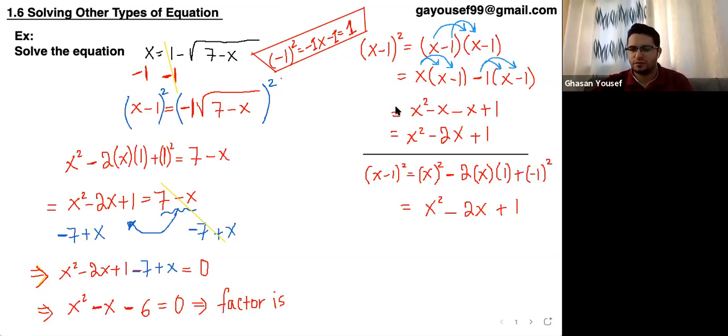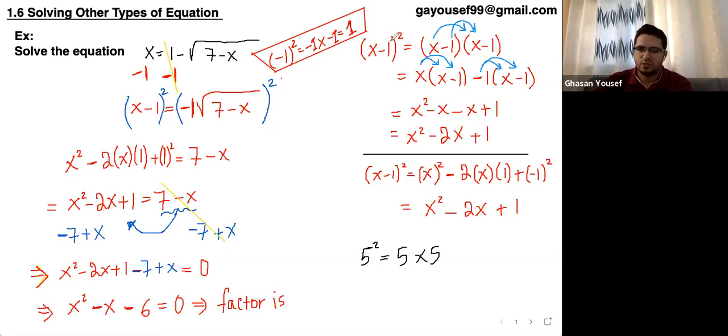Like when I say 5 square, what is 5 square? 5 square is equal to 5 times 5. So the same thing here, I just explained what I did. x minus 1 square is x minus 1 times x minus 1. Then I distribute everything inside the parentheses until I get x square minus 2x plus 1.